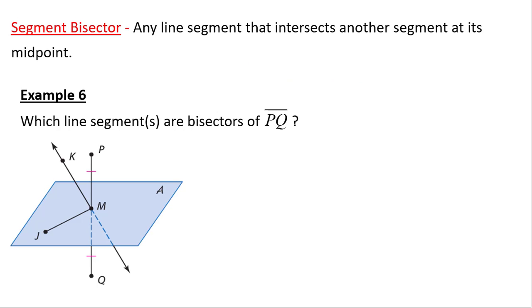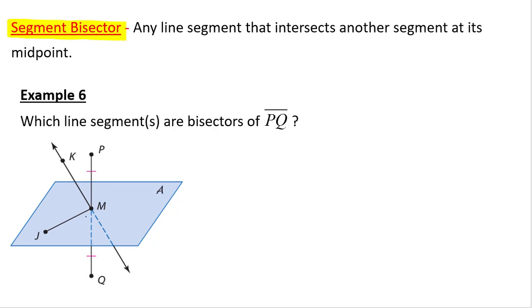The last definition that we have here is segment bisector, so make sure you have this in your notes. A segment bisector is any segment that intersects another segment at its midpoint. So we have to look at this diagram here. Which segment or segments are bisectors of PQ? Which segments hit PQ at its midpoint?